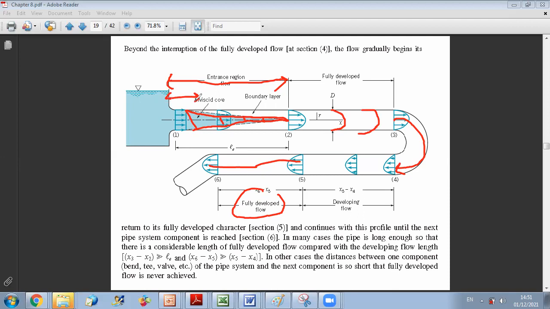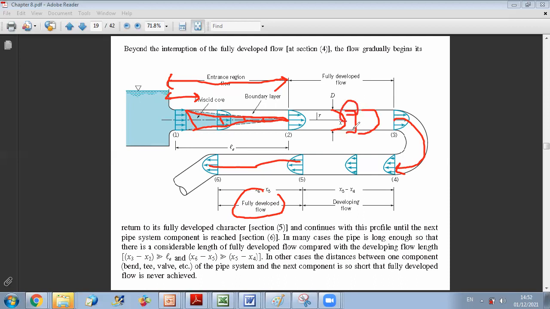Because the viscous effects will be reduced in turbulent flows, since inertia forces are dominant. So you will not have a very large entrance region. We'll see this in a figure in a while. You will have a very fast establishment of the profile.